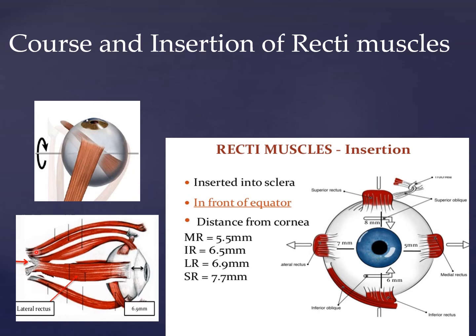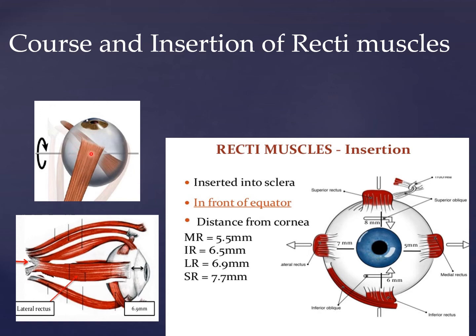They arise from the orbital apex and they come forward following an almost straight course and insert into the sclera anterior to the equator of the eyeball. This is the equator of the eyeball and it is approximately 13 to 14 millimeter behind the limbus. This is again an important point, that insertion of recti is anterior to the equator and insertion of obliques is behind the equator.